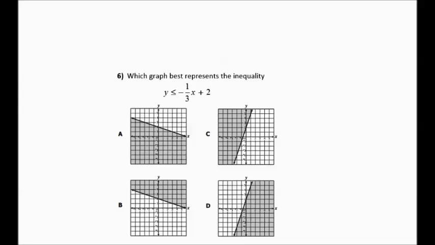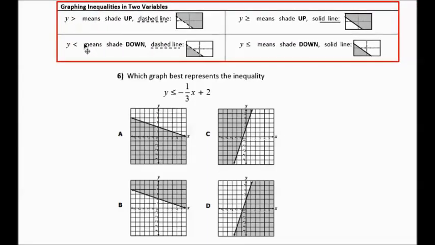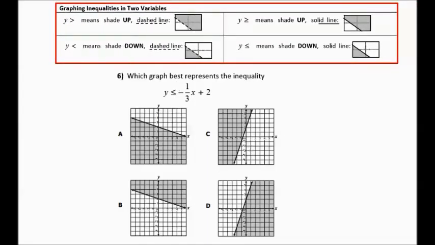In this next problem, which graph best represents this inequality? You don't really have to graph everything and remember how to graph equations, because there's just key information you need to know. First of all, if the inequality has an underline, we know it's going to be a solid line.